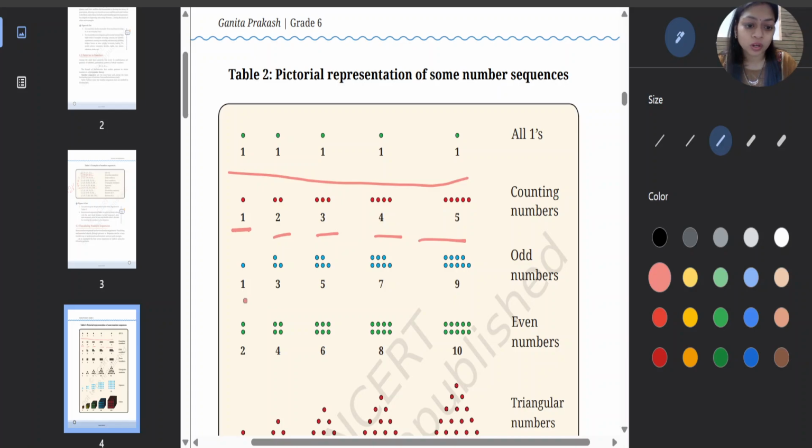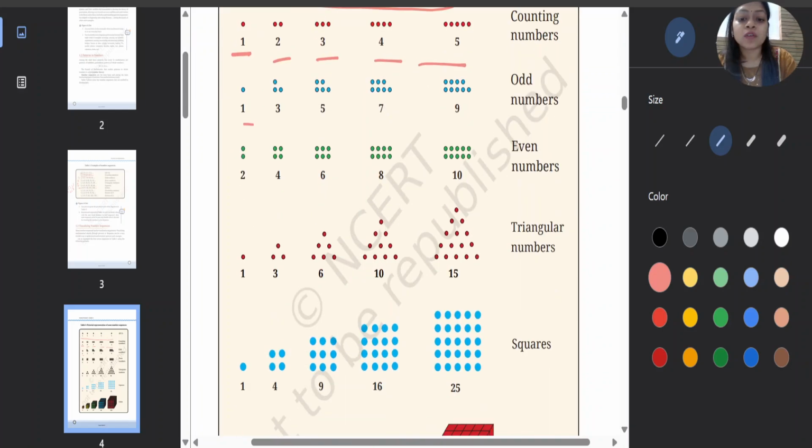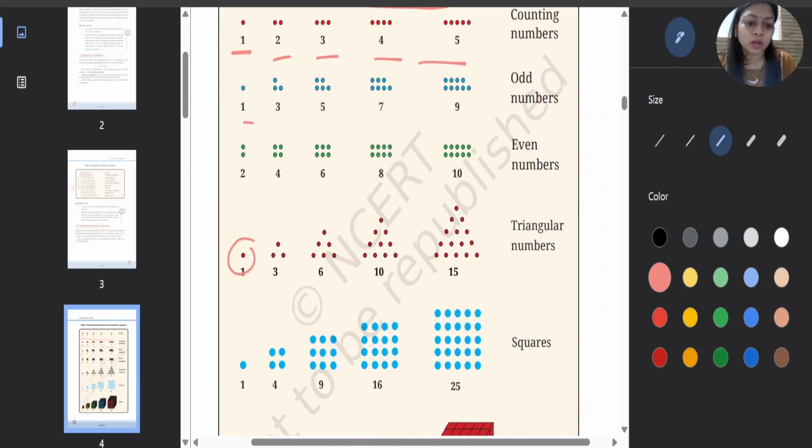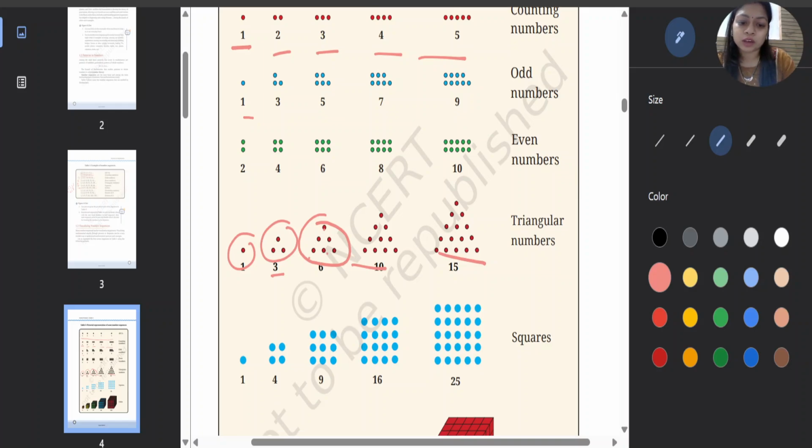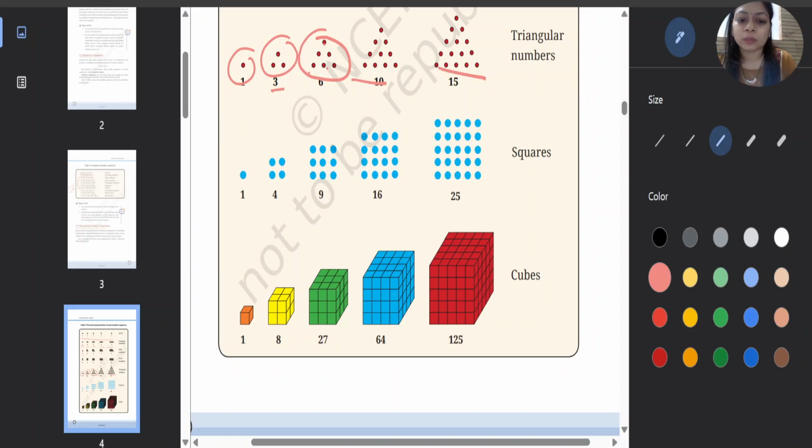Then you have odd numbers 1, 3, 5 and 7, then you have even number pictograph, then you have triangular numbers: only 1 dot, then 3 dots make one triangle, then you are making a triangle with 6 dots, like 1, 2, 3, 4, 5, 6, then with 10 dots, then with 15 dots, and it will continue to go on.